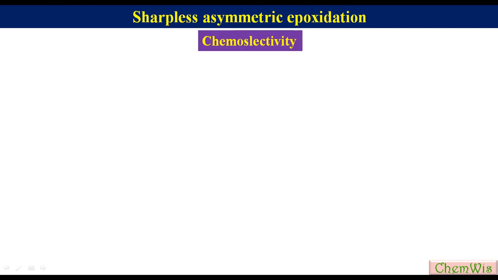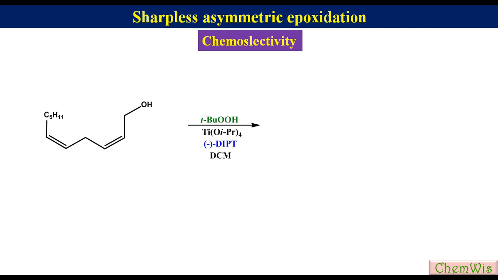Chemoselectivity of Sharpless Asymmetric Epoxidation. Sharpless asymmetric epoxidation is highly chemoselective for the epoxidation of allylic alcohols. For example, if this dienol is allowed to undergo epoxidation under Sharpless condition, only this alkene gets epoxidized selectively to give this epoxide.